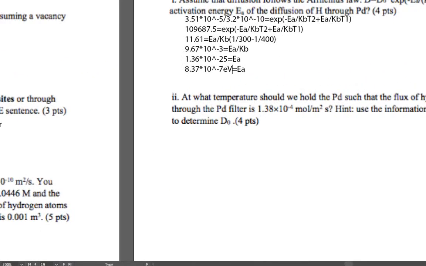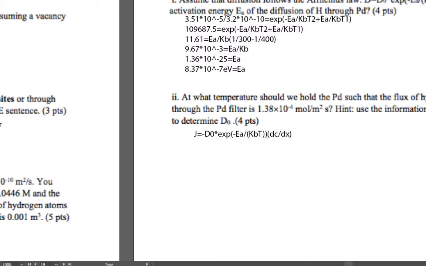So basically what you know is that flux J equals minus D of dC over dx. And so what I can actually do is replace this D here with the law of D naught multiplied by the exponent of minus EA over KBT.